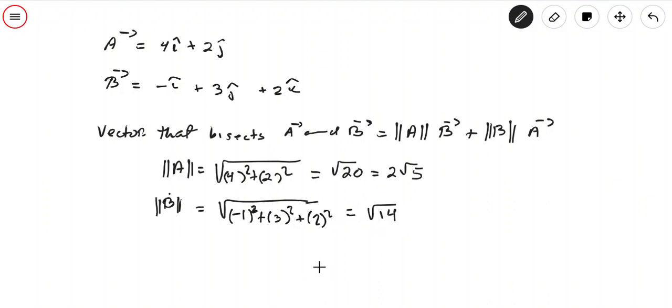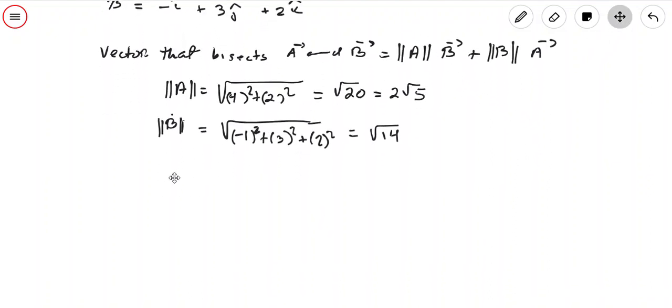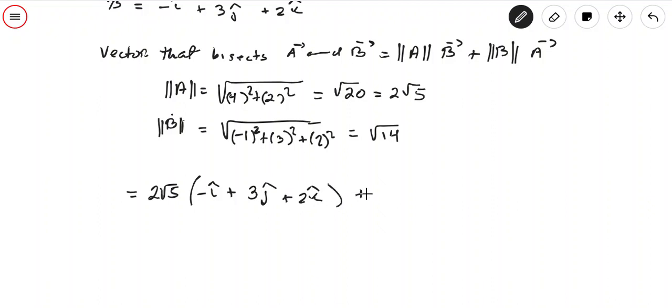Once you know the magnitudes, the vector that bisects A and B is equal to magnitude of A, 2 square root of 5, times vector B, negative i plus 3j plus 2k, plus the magnitude of B, square root of 14, times vector A, 4i plus 2j.